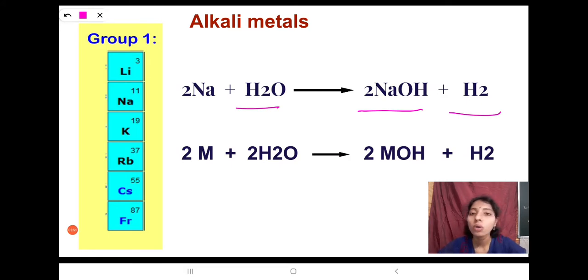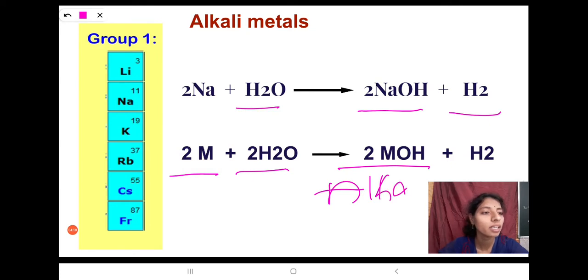Right? So, we can say the hydroxides are alkalis. You can see here the metals, when these metals are reacted with water, they will form metal hydroxides. Nothing but we can say that the substances are alkali and release hydrogen gas.